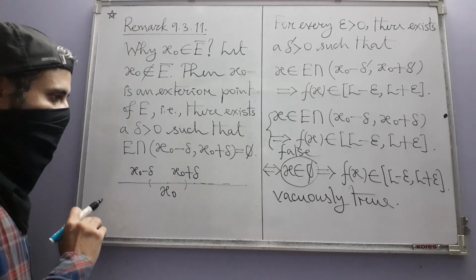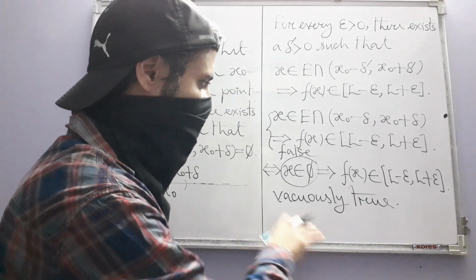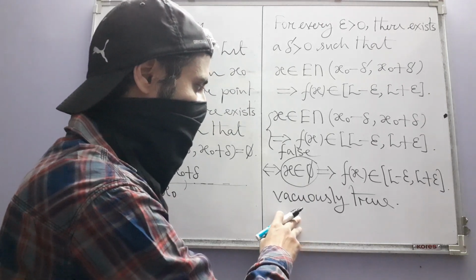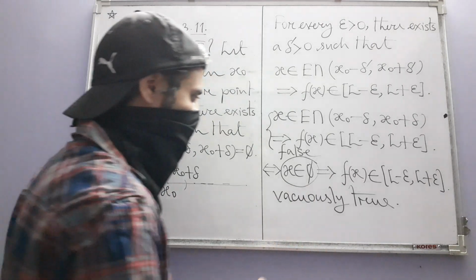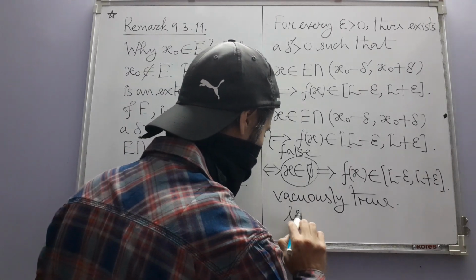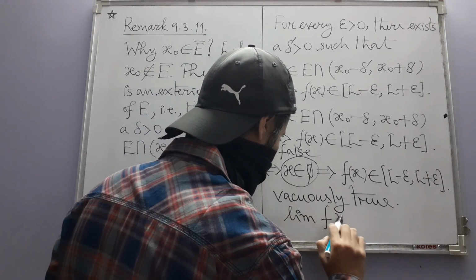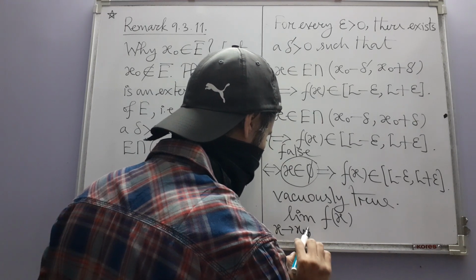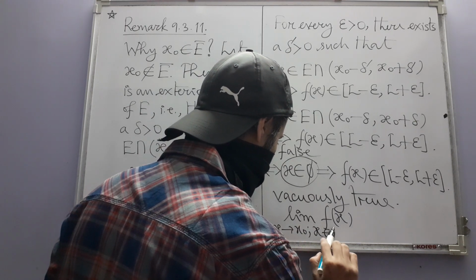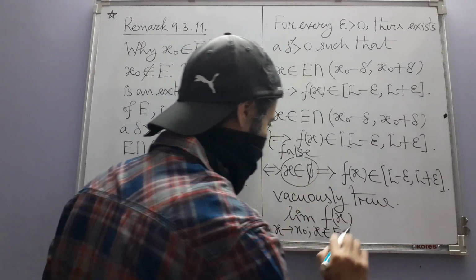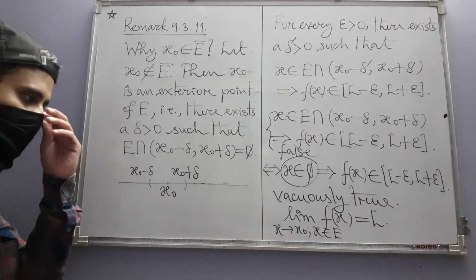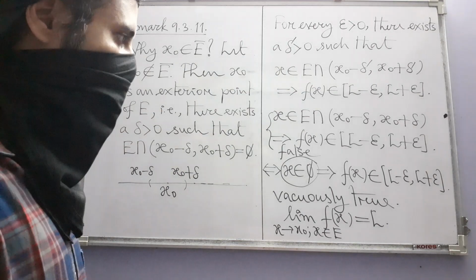So you see that by the definition of limit, in a very strange and weird way, the limit of f of x as x tends to x naught in E, now in our case, is actually equal to L, because the implication is true.